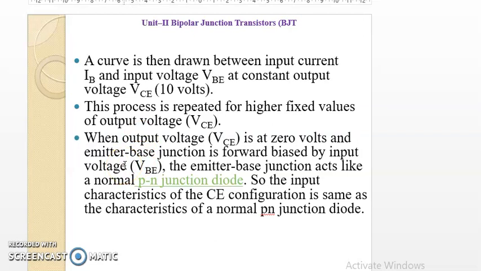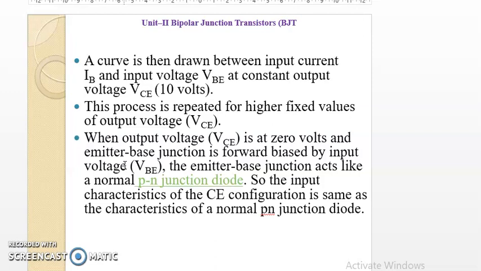When the output voltage VCE is constant at 0, the emitter base junction is forward biased by input voltage VBE. The emitter base junction acts like a normal PN junction diode. This is the point to remember: the emitter base junction acts like a normal PN junction diode whenever the collector voltage is 0.